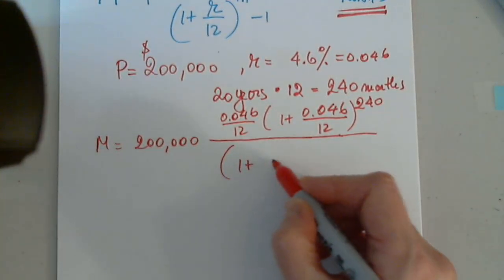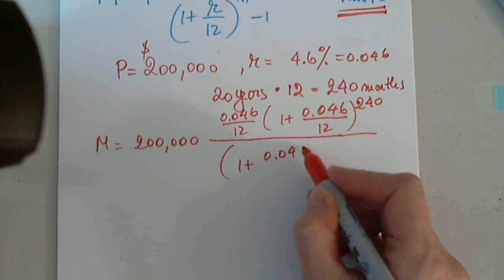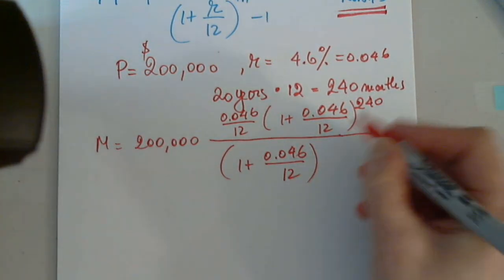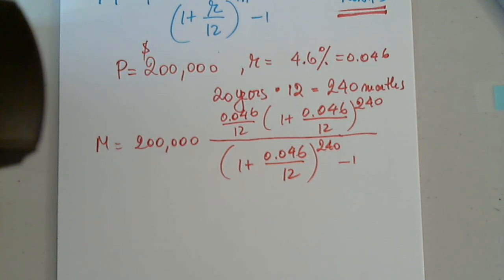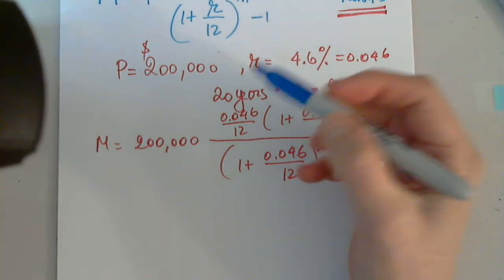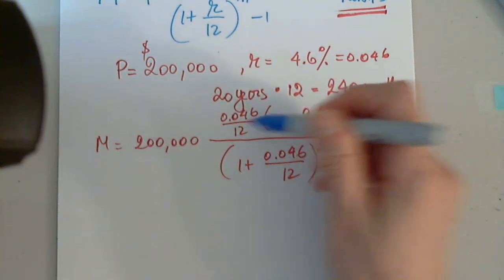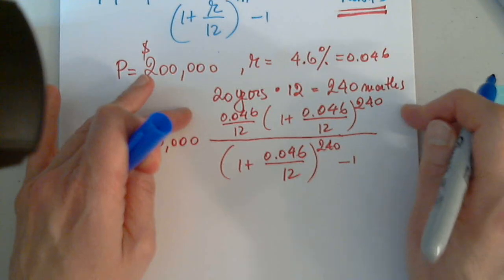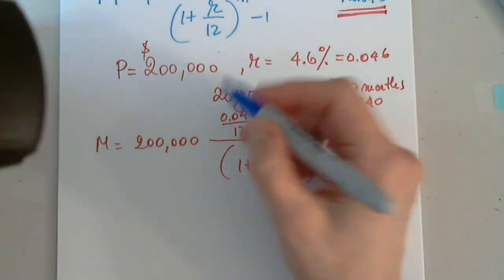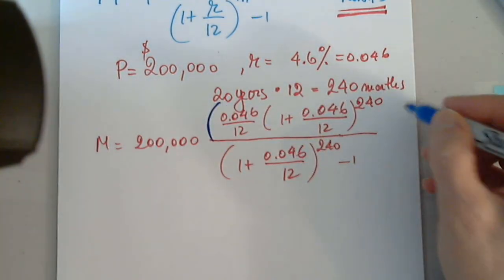And in parentheses, 1 plus 0.046 divided by 12 to the same power, 240 minus 1. Difficult formula to enter in the calculator. So I'm going to say this right now. At the top, we really don't need parentheses because there is no other, but to be on the safe side, always remember we need parentheses for the numerator.